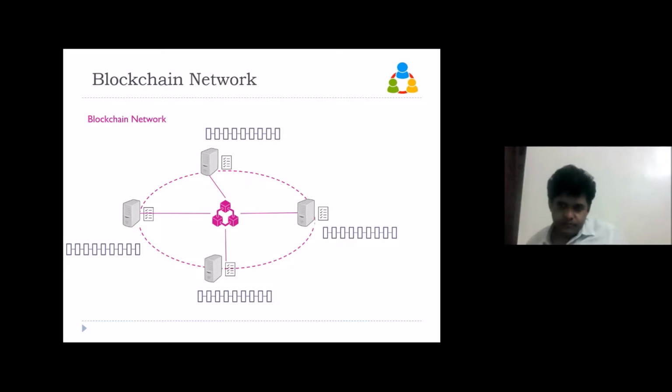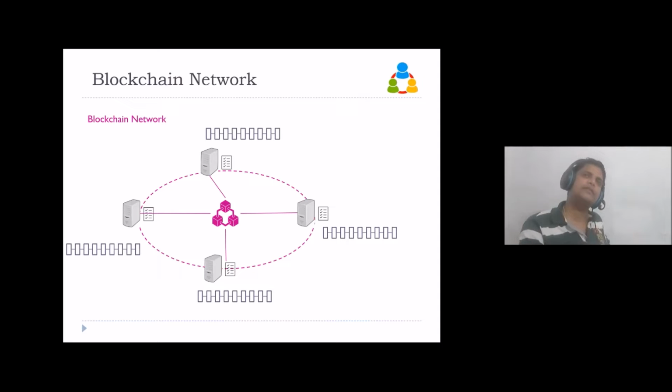That is how you usually do it. There are various applications or exchanges which help you to do that. We will come to the cryptocurrency part and the buying and selling of Bitcoin a bit later. But this network of computers having the same set of data is what a blockchain network is all about.